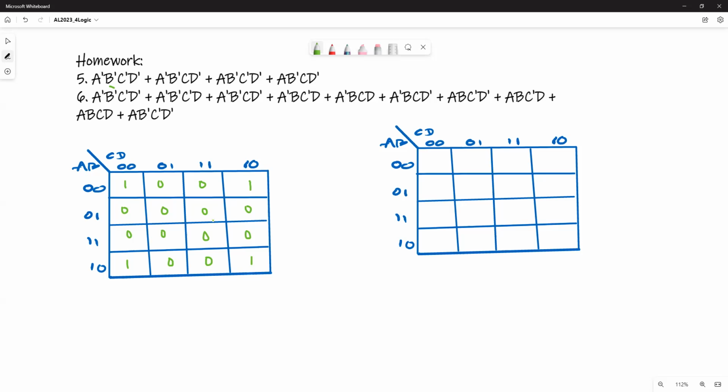Isn't it? We can combine, right? So then what happens when you combine? Yes, what is the answer you got?